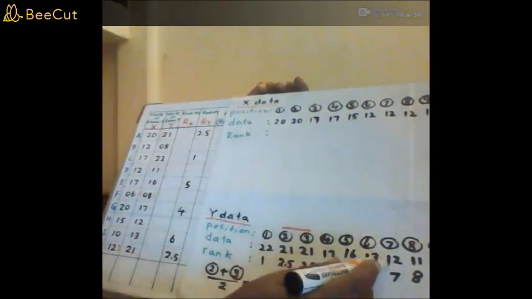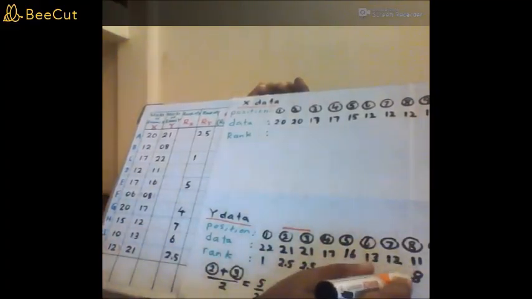Next, 16, 5. Where's 16? Here, 5. 13, 6. 13, 6. 12, 7. 12, 7. 11, 8.